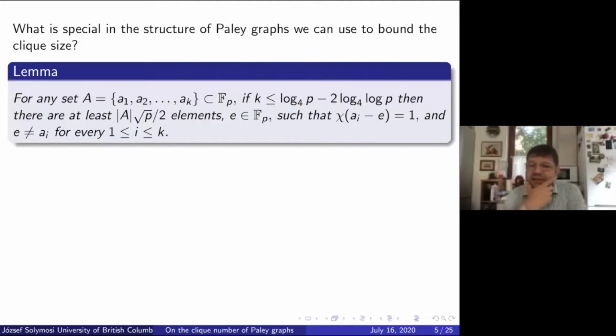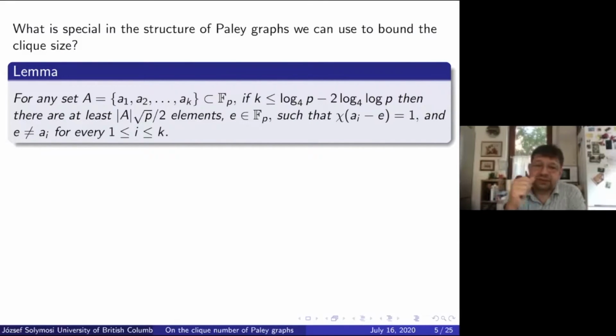So you see this notion I'm using. That means that there are many elements in this finite field where all the differences from this element E to all the a_i are quadratic residues.